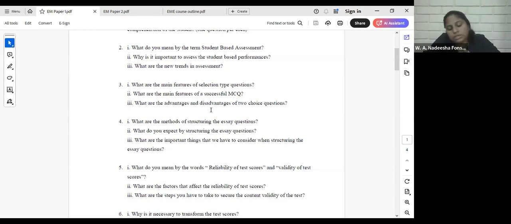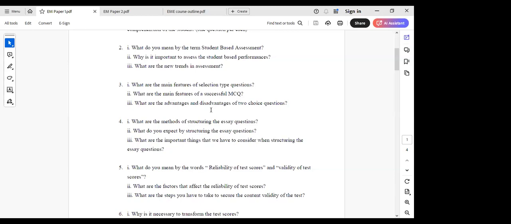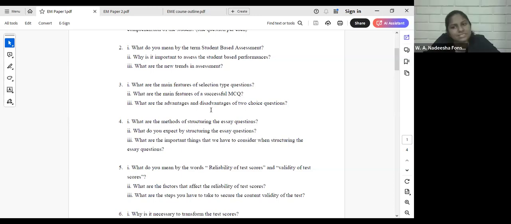What about the guessing probability? Not less, high. There are two choice questions, which means there are two choices for the answer. It means there is a 50% probability to guess the answer.